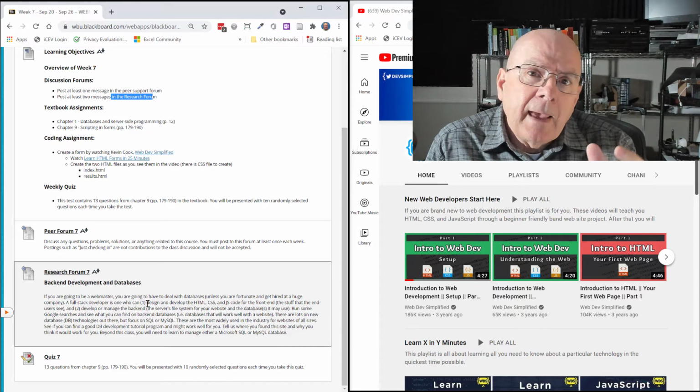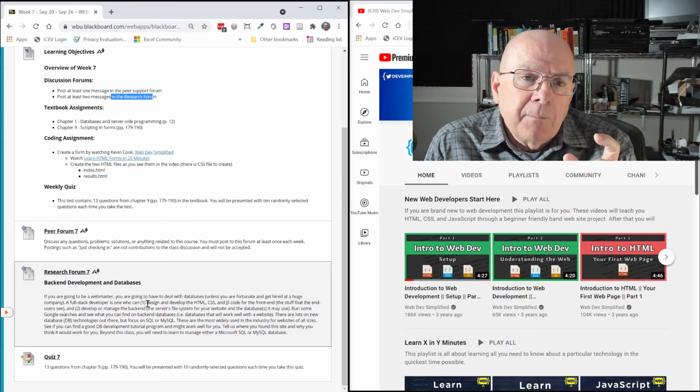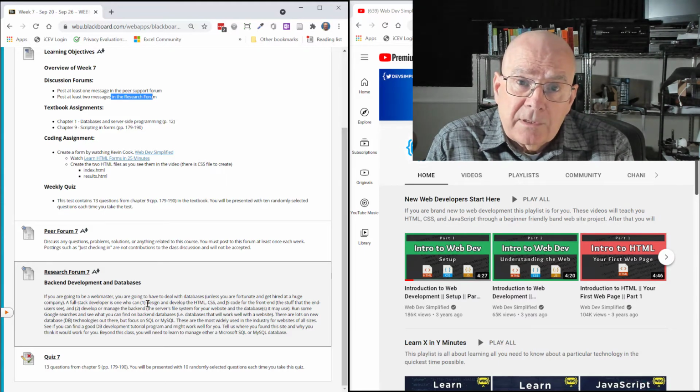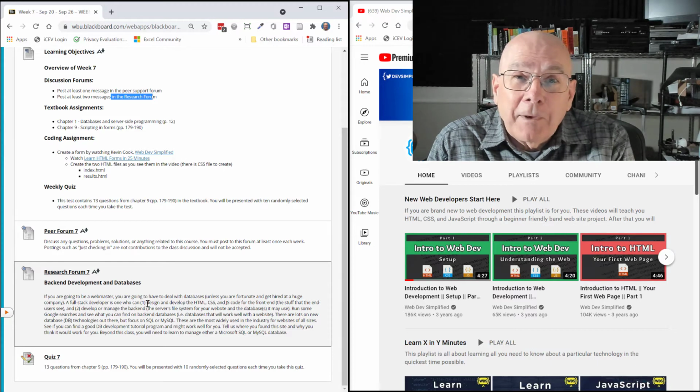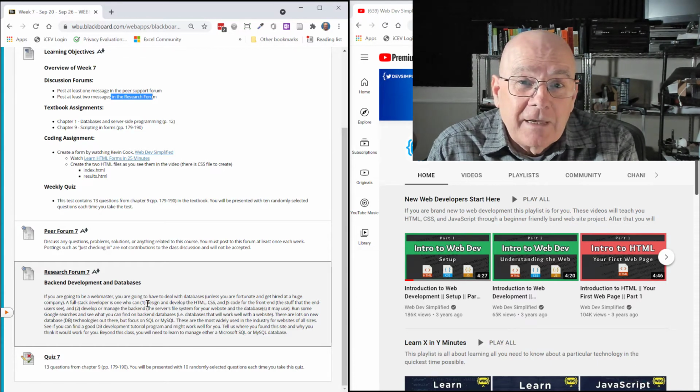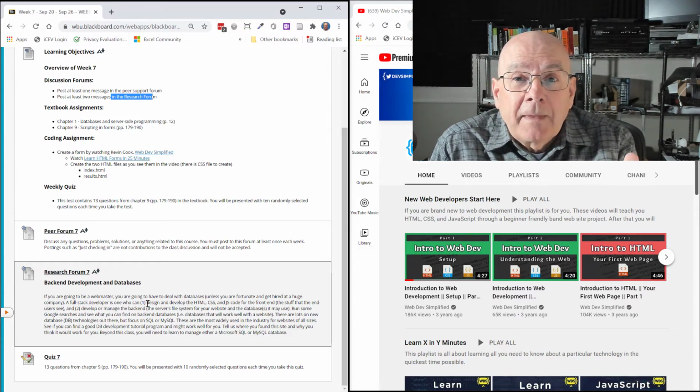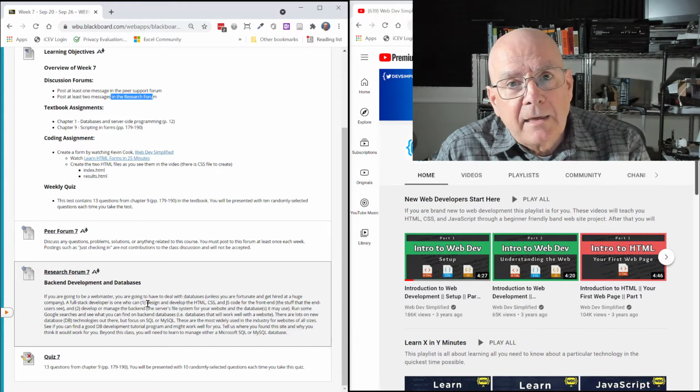Well, what if we had to embed a person's or a company's bank account numbers and passwords? If we embedded that in the side of our website where the users could get to it, then everybody could be able to get everybody else's bank account information. And that's why we have to have back-end scripting.